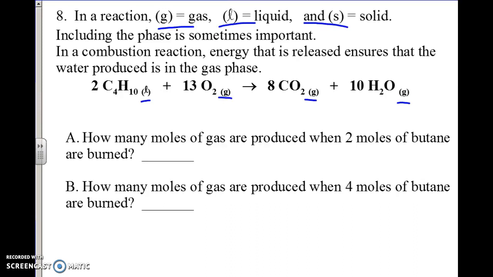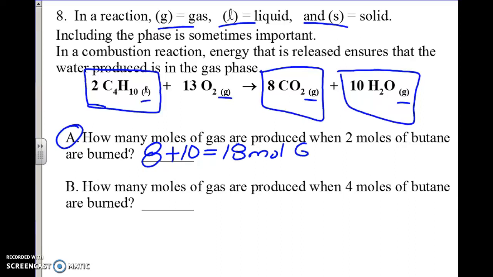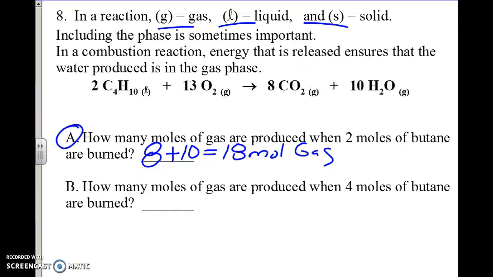It says for A, how many moles of gas are produced when 2 moles of butane are burned? Well, this is butane right here, and it wants to know how many moles of gas are produced. Here we have 8 moles of gas, and here we have 10 moles of gas, so we get 18 moles of gas produced.